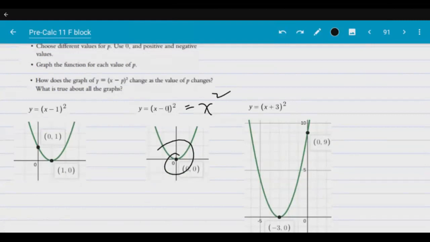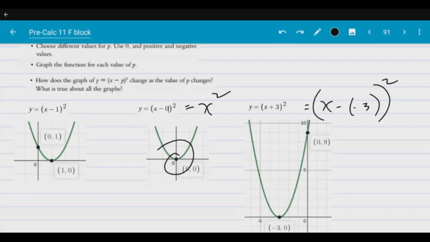Now, when we're doing x plus 3 squared and comparing it to what it asked us to do, which is to subtract, what actually happened here is I subtracted a -3. That's what I did. However, of course, when we subtract -3, it becomes addition.